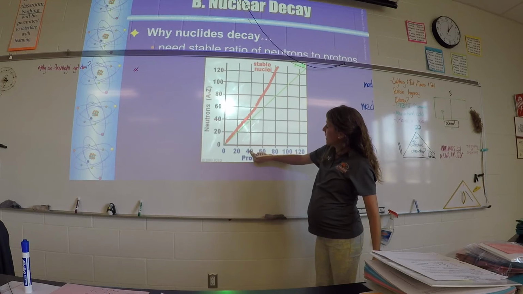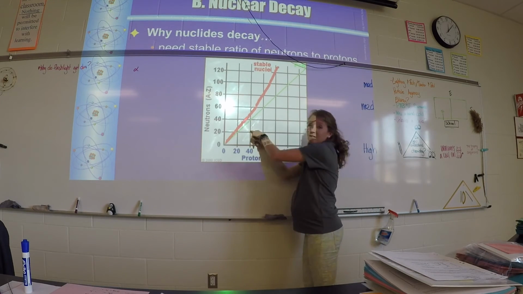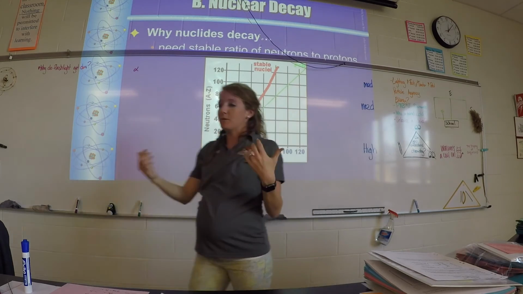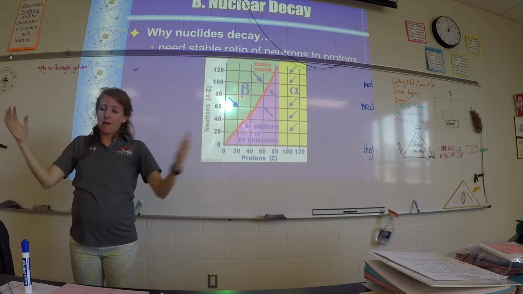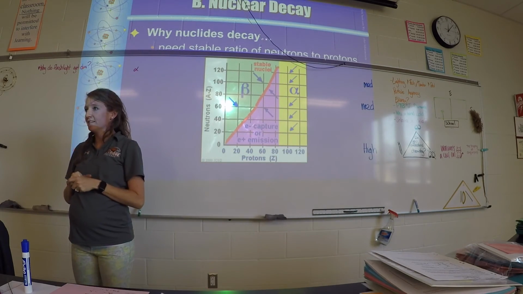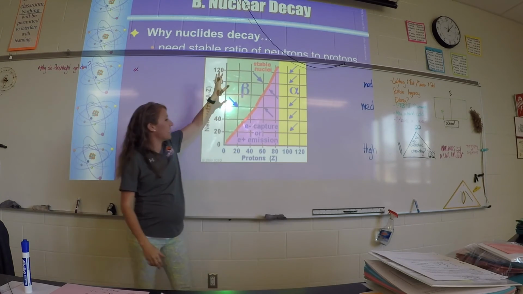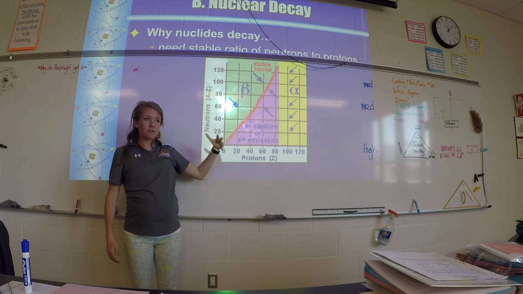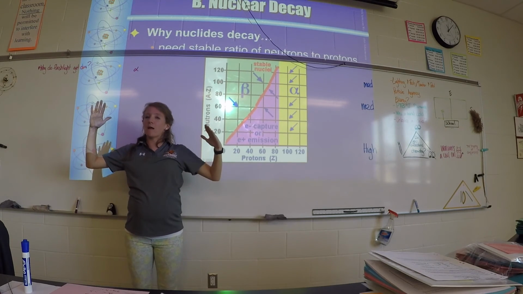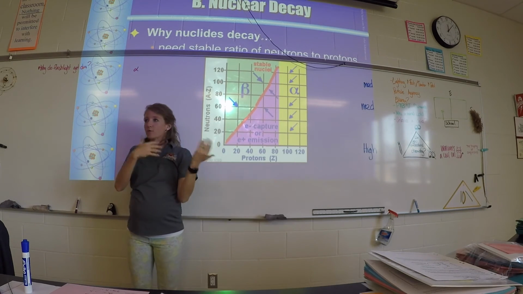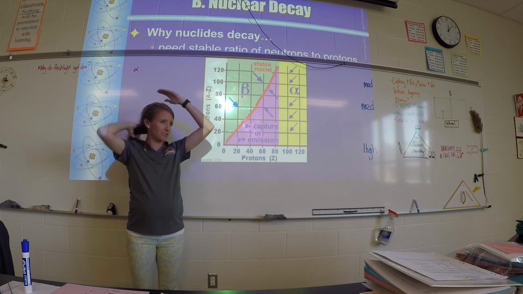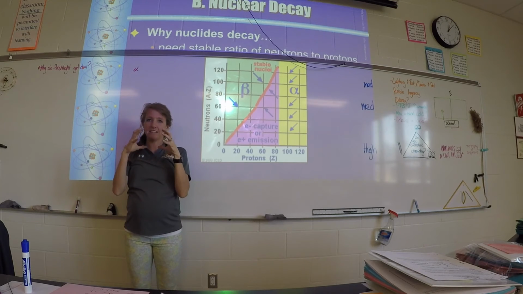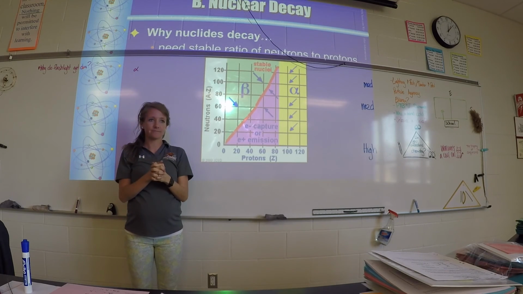But if I have an atom that has 40 protons and only 20 neutrons, it's not. So then they are going to be radioactive and find their way to the line, depending on alpha, beta, or capture. So that is why they're radioactive, is they're trying to get to the right ratio of protons to neutrons. And we'll watch a little cartoon here in a second that I think does a good job at visualizing this instability thing. Okay?